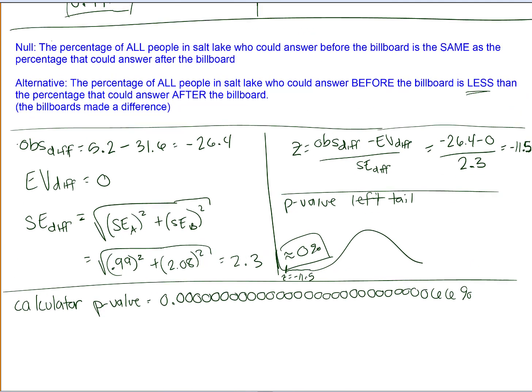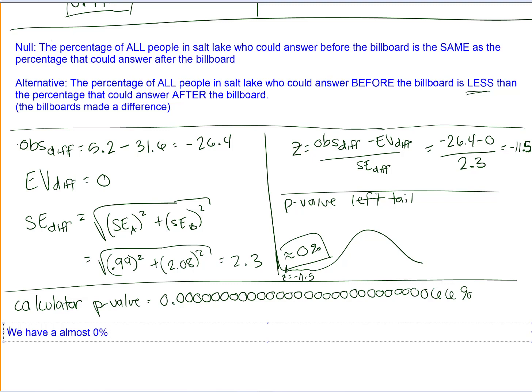So basically, if I wanted to interpret my p-value, we have a 0% chance, or almost 0% chance, because it is still a chance. It's kind of like trying to win the lottery or something.